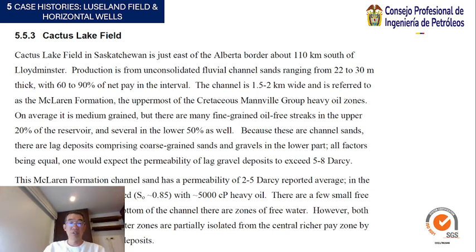However, both the small gas caps and the water zones are particularly isolated from the central, richer pay zone by bands of lower permeability deposits.